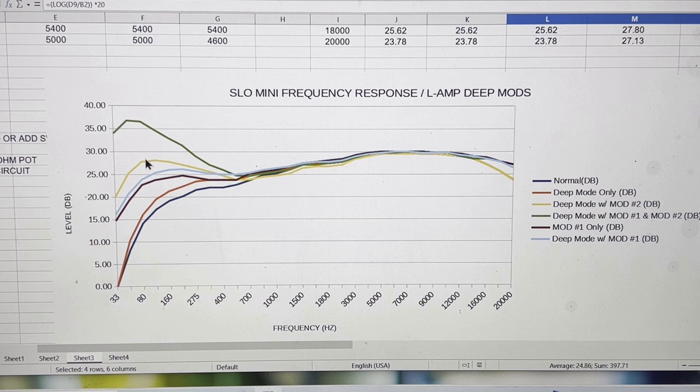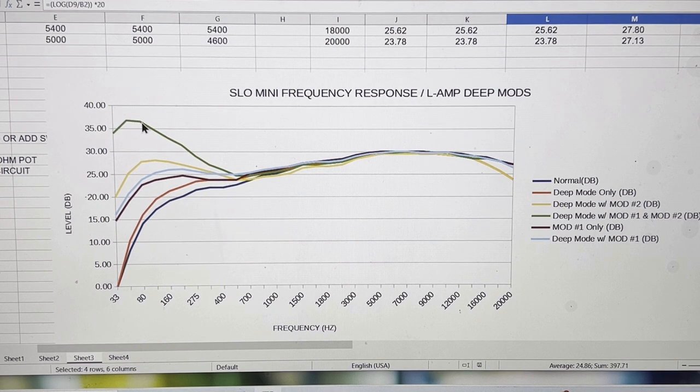Now the green is in the deep mode with mod number 1 and mod number 2 on. So what you see here is that this is mod number 1. You can see this gain plus the gain from here to here will equal that gain, because remember, gain of amplifiers always adds.